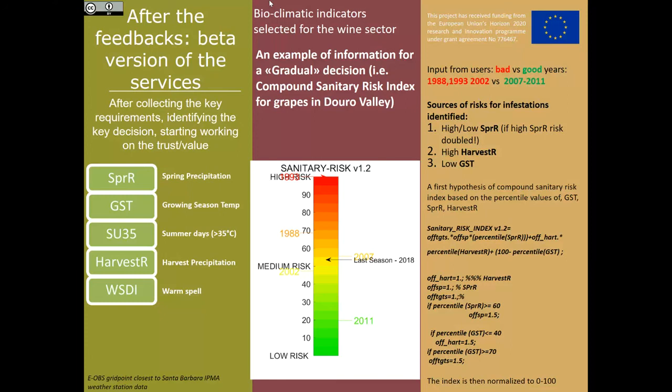And then, as Alessandro was saying, when we started applying those indicators to the memory users had in terms of better years and worse years, we realized that we were having some trouble separating some years from others where we knew that we had very different outcomes. And that's when we decided to let go of GDD, because GST was already reporting that information at a very high correlation.